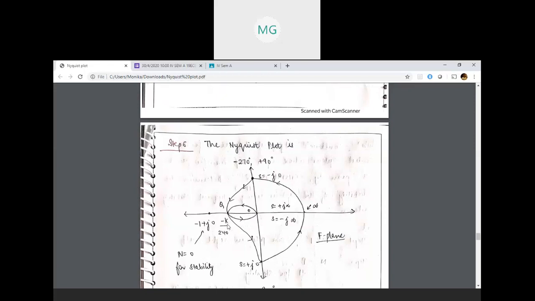If the value of k is given to you in the question, you can get the exact value of this point, and then you can find out whether this point encircles minus 1 plus j0 or not.